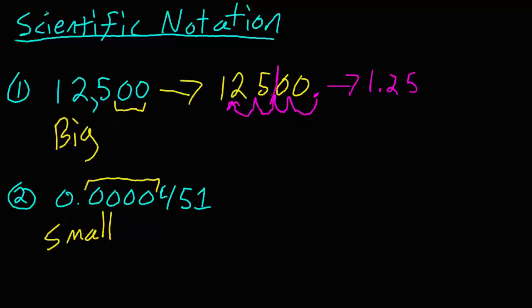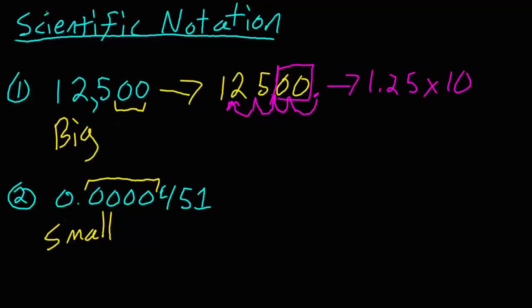Now the whole idea here is that I'm going to write the number without showing all of these zeros. That's why I didn't put the zeros on the end. Now I can't just move the decimal point without accounting for that somehow. I can't just make the number 12,500 into 1.25 without doing something to make it work. So what you do, to show the magnitude of the number, to show how many times the decimal point has been moved, is write in times 10, and then you put an exponent up here on the 10, and the exponent that you put is the number of times that you move the decimal point.